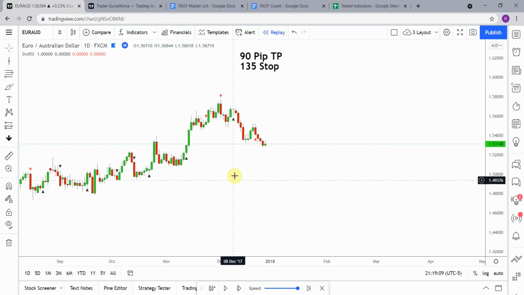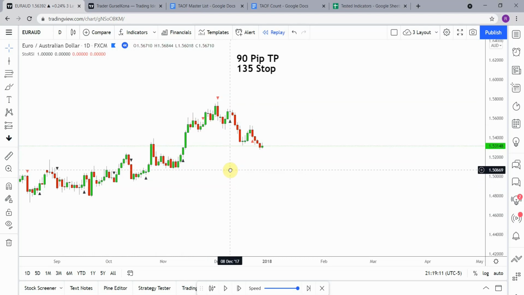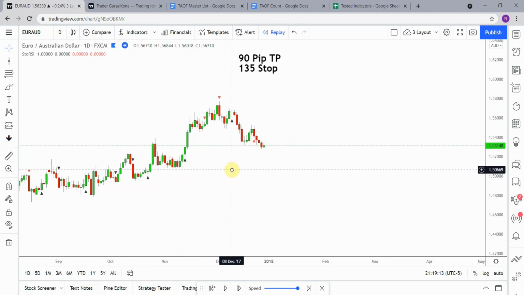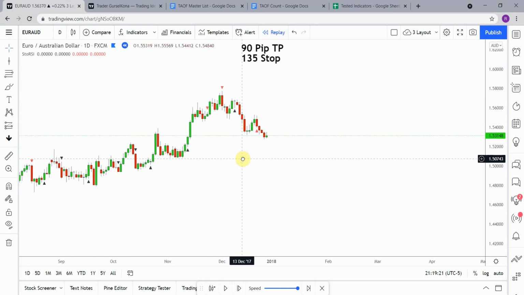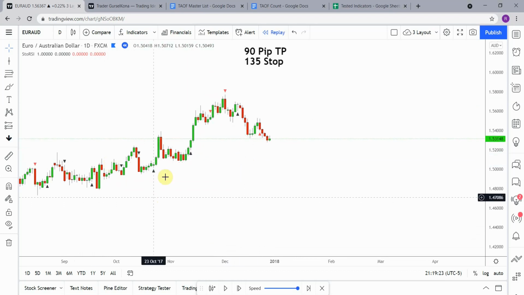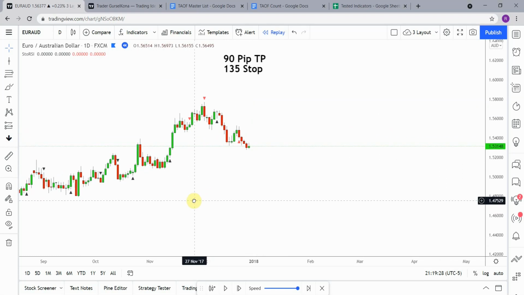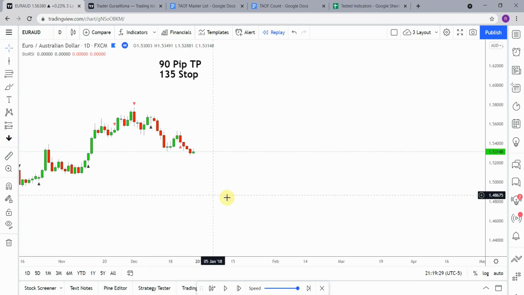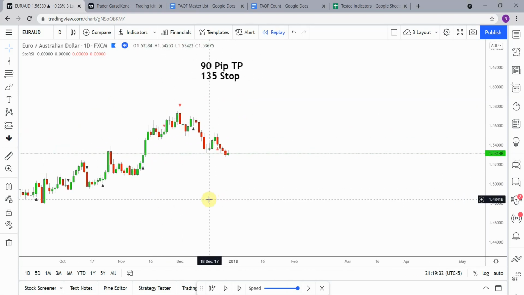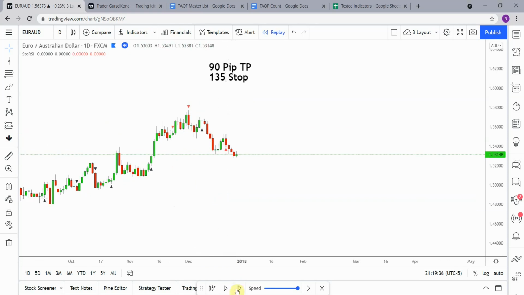So what we are looking for is when we get a triangle to the upside pointing down, then we are going to go short. When we get a triangle to the underside pointing up, then we are going to go long. That's what we're looking for, and that's how we're going to test it. Let's go ahead and get on with the testing and see what we can get.